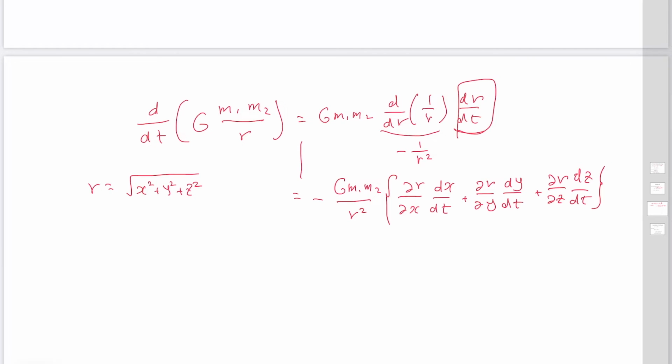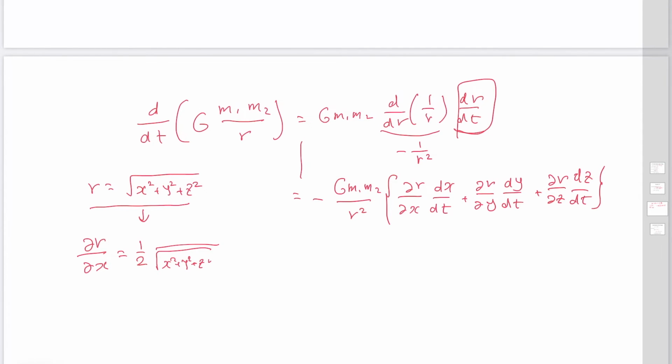You can express it. And from this equation, you can calculate partial r partial x, which is going to be 1 over 2 times the square root of x squared plus y squared plus z squared.